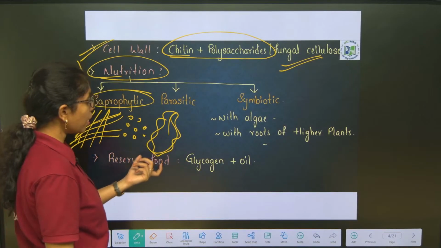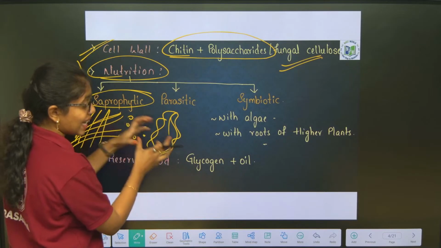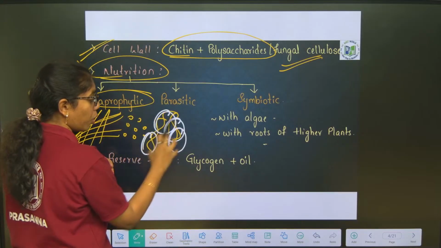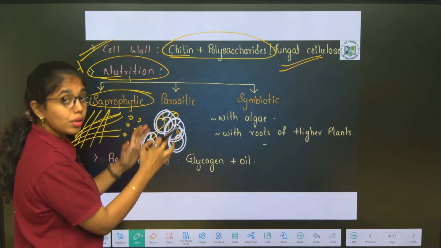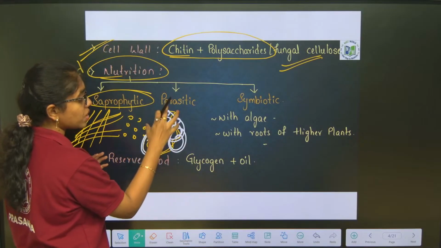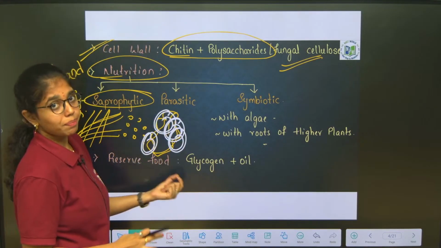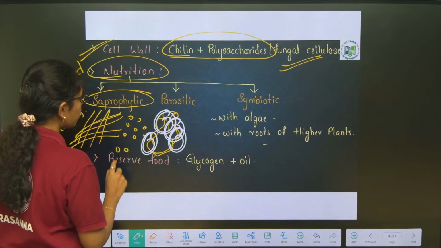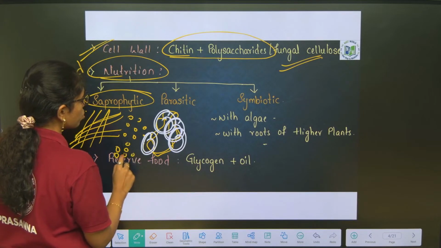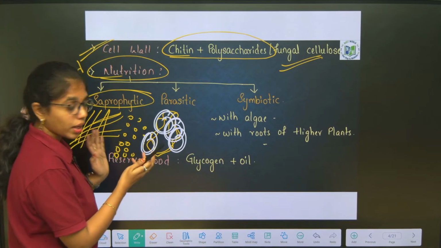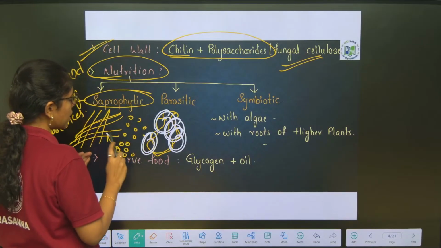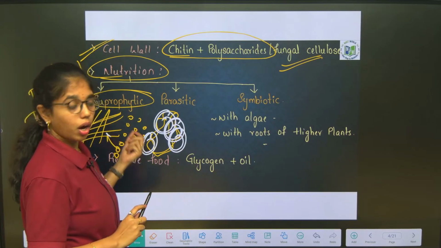Once the enzymes are released and acting upon it, the complex matter turns into simpler substances, and these simpler substances will be absorbed by the fungal hyphae or the fungal body.